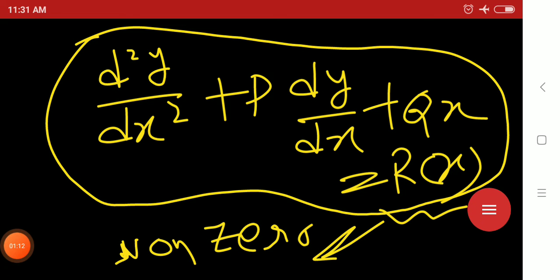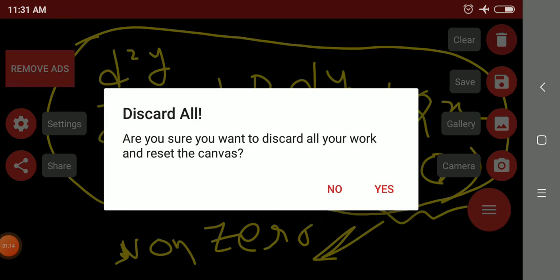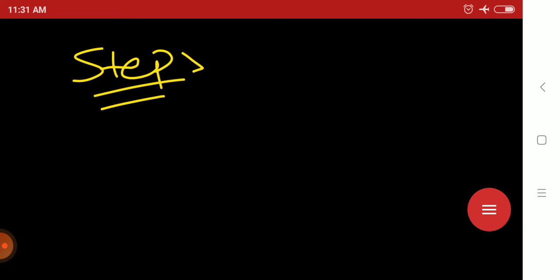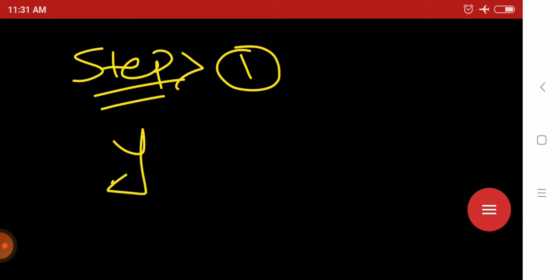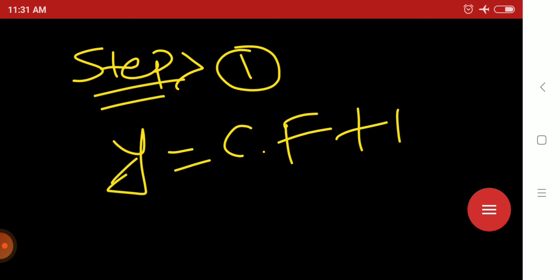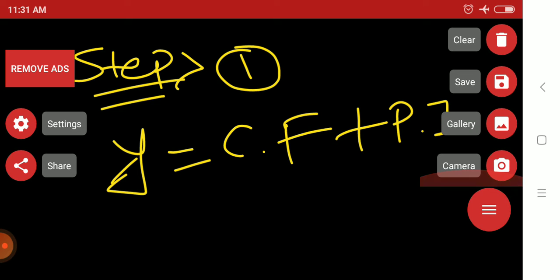So then how to solve it? Step 1, I am writing the steps. Whenever we get a non-homogeneous differential equation, the solution will contain two things, CF plus PI. You may now ask, what is CF and what is PI?